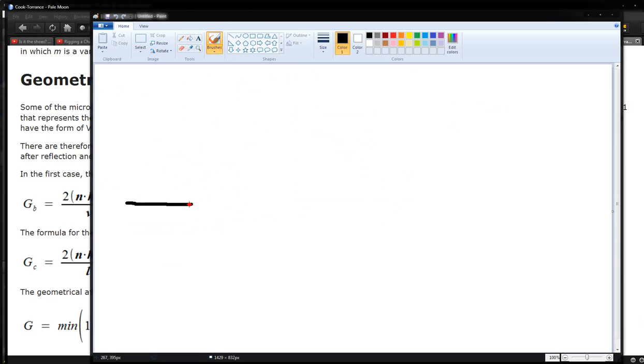So you have a surface that's smooth, and then you have a surface that's, I just need to use a regular line here. We have a surface that's smooth, and this is perfectly smooth, like mirror smooth.